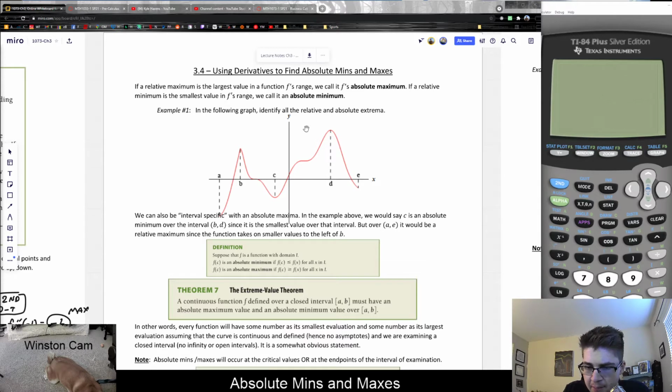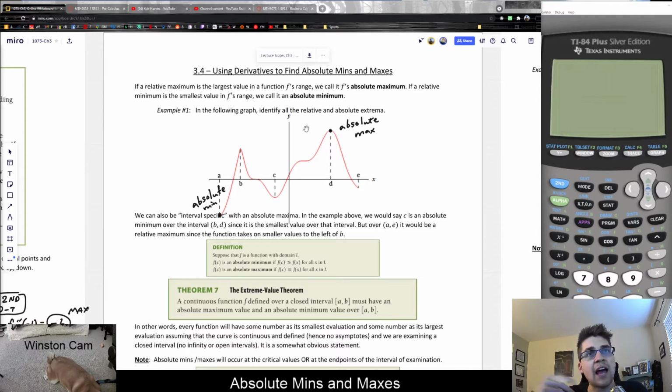But for example, when x is equal to D, we have an absolute maximum value, whereas when x was equal to A, we had an absolute min. And there should only be one point, unless there's a tie value, for the absolute min or maximum on a function.